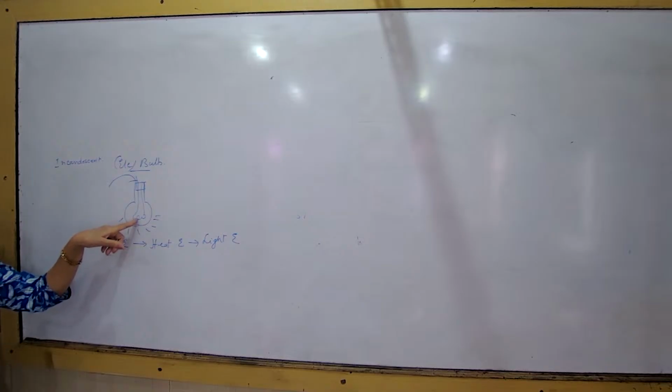What type of material are we using? Is it a good conductor? Is it an insulator? Or is it another? It has to be a good conductor, but at the same time, it also has to get heated up. So, what substance have we used here? Tungsten. We are using tungsten. I told you yesterday because it has a very, very high melting point, almost about 3080 degrees Celsius, so that it doesn't melt.